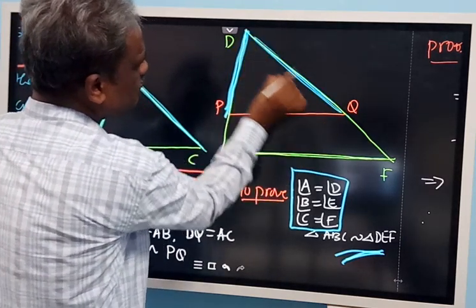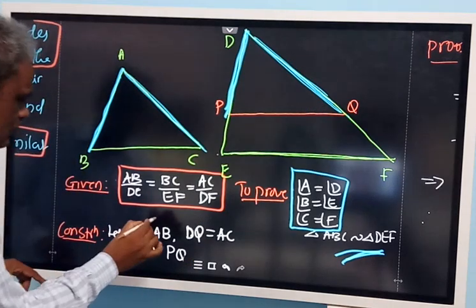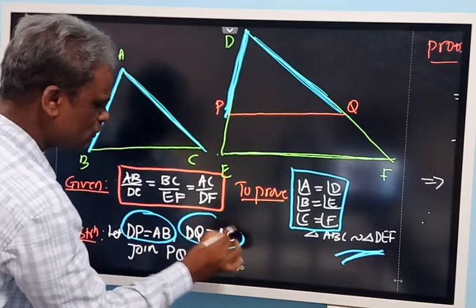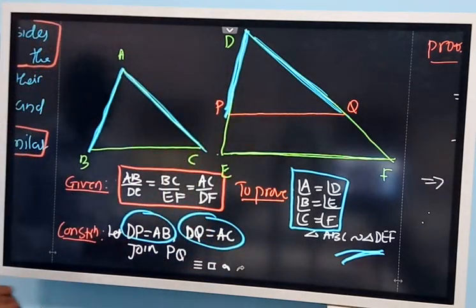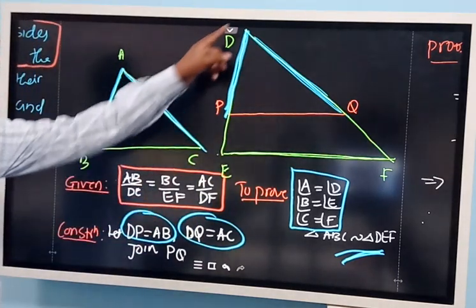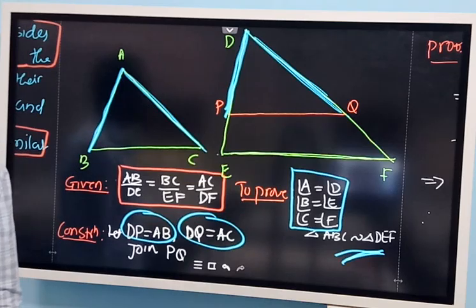So these two line segments should be equal. So we have taken with the condition DP equal to AB, and DQ equal to AC. So join PQ. You will get one triangle here, DPQ. This is the construction we require to prove the theorem.